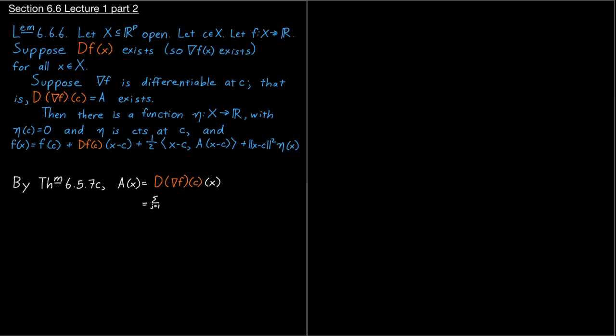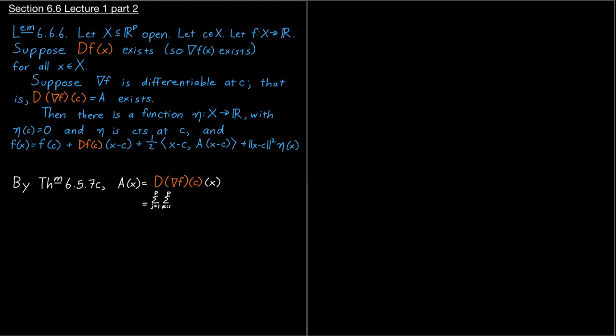That's the sum from j equals 1 to p, because our function gradient of f has p parts. Sum from k equals 1 to p, because our domain is R^p.